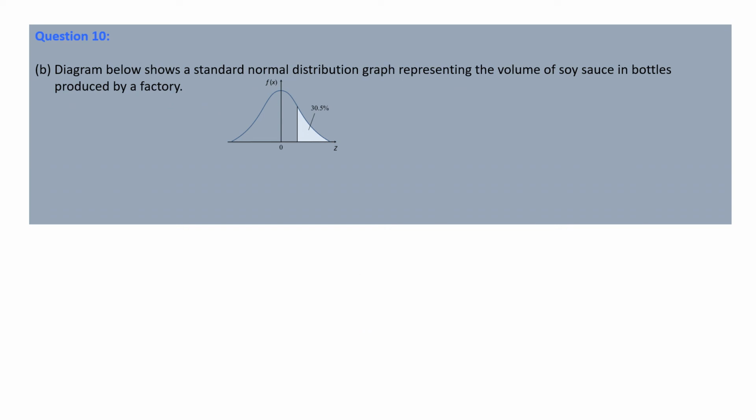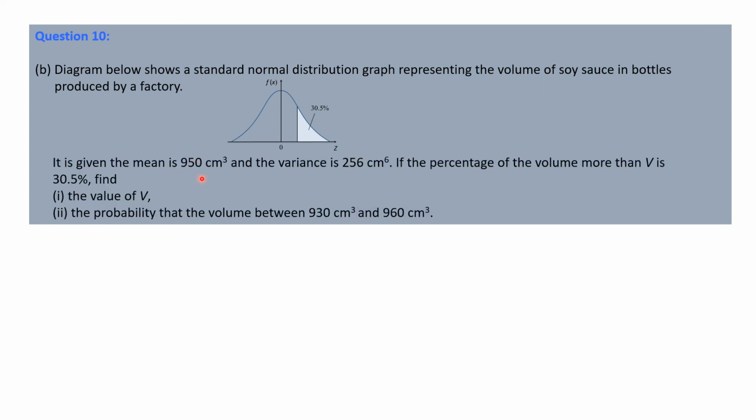In part B, the diagram below shows a standard normal distribution graph representing the volume of soy sauce in bottles produced by a factory. It is given that the mean is 950 cm³ and the variance is 256 cm³.